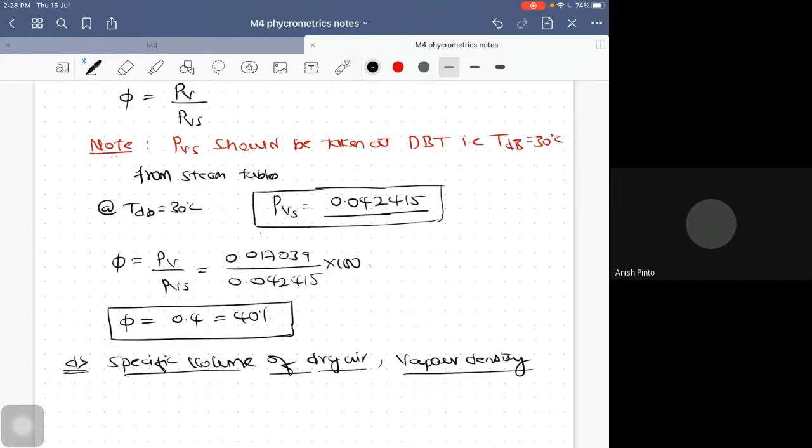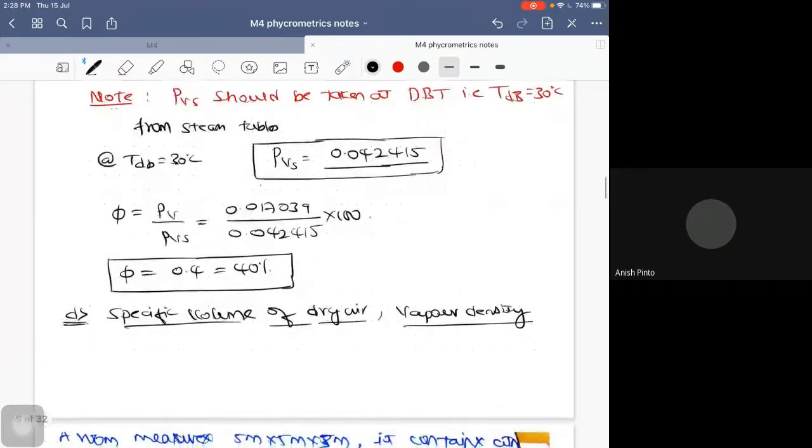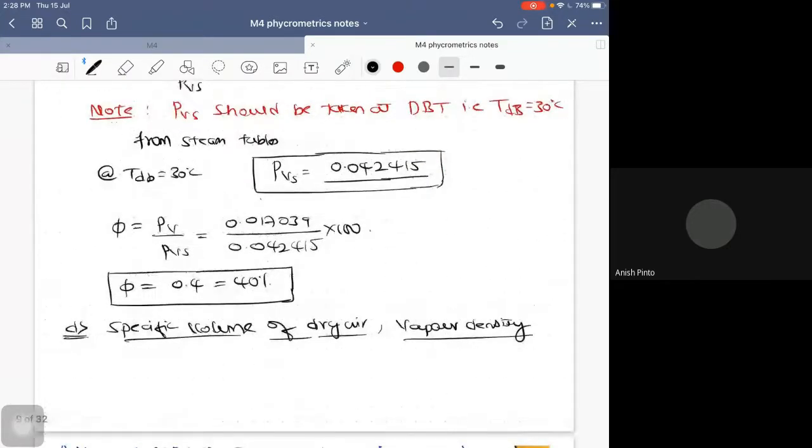Now, carefully observe this. So vapor density, again this is a new topic, so I'll write it in red.